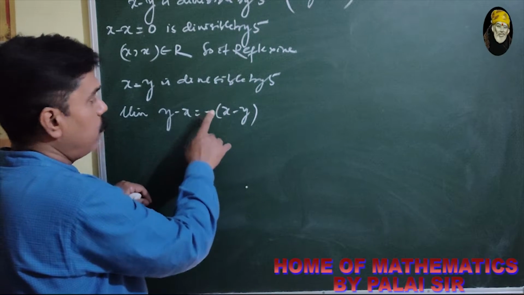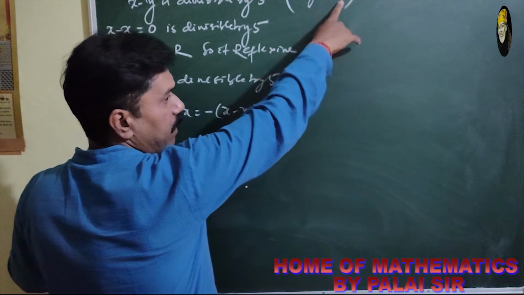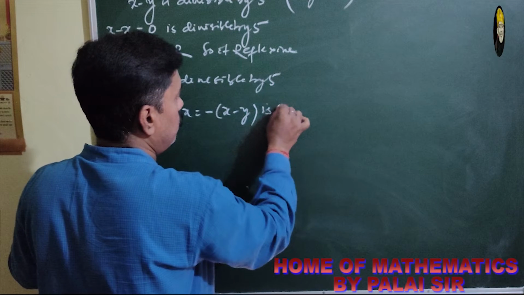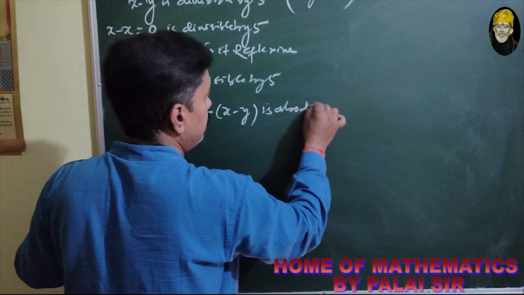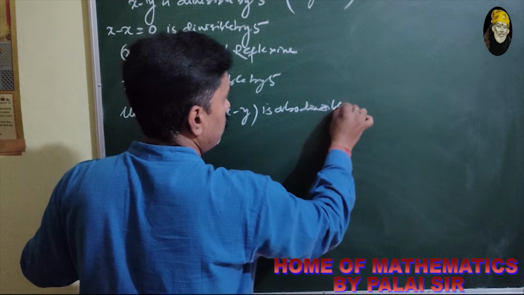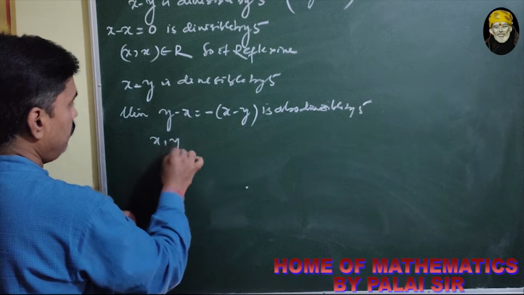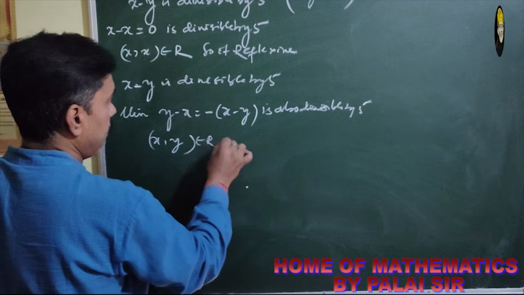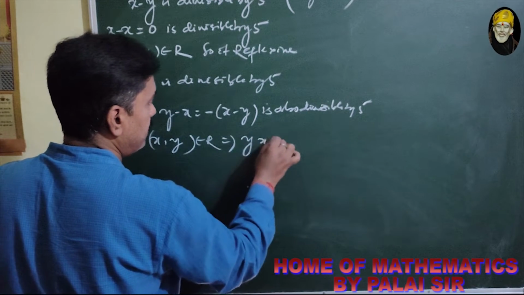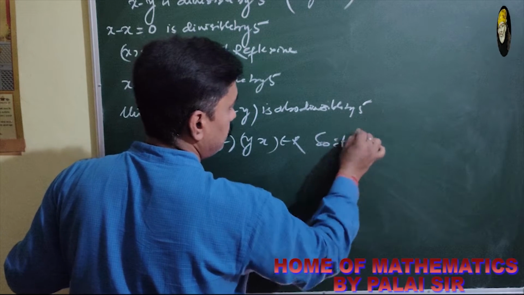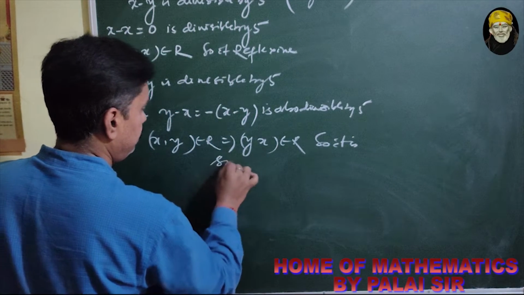Whether minus is there or plus is there, as it is a real number, it doesn't matter. So what you are getting? xy belongs to R. This implies that yx belongs to R. So it is symmetric.